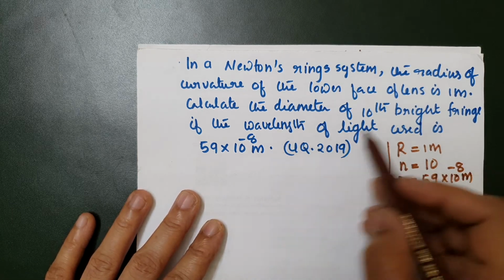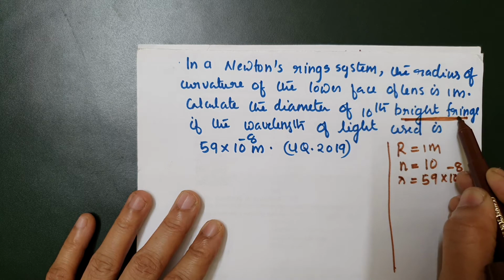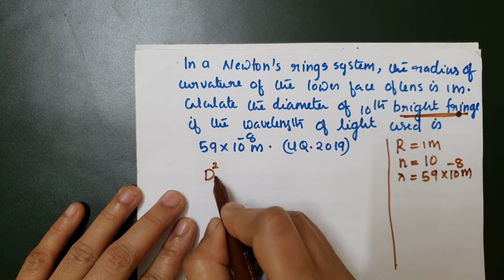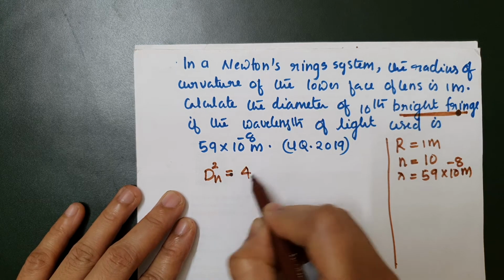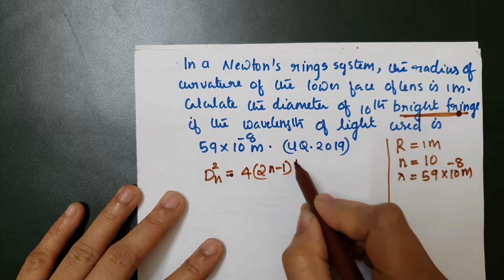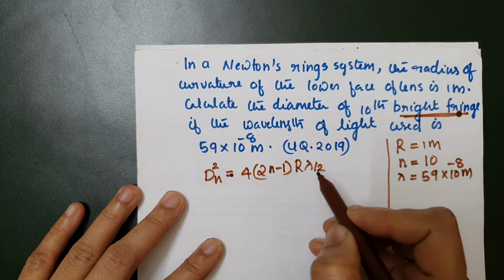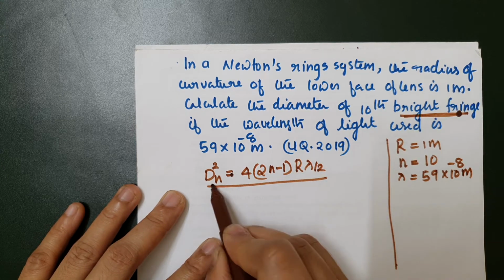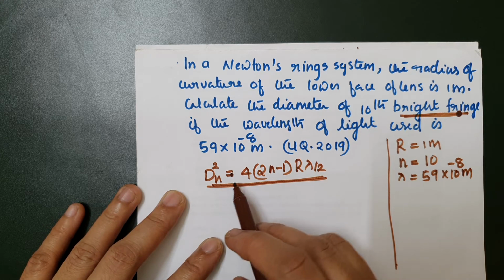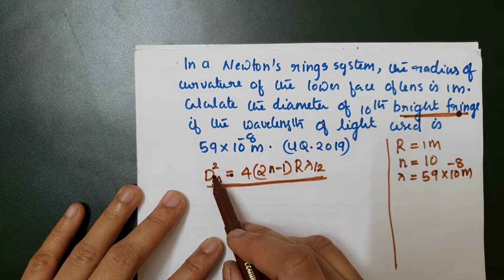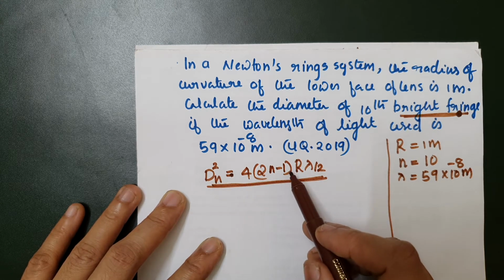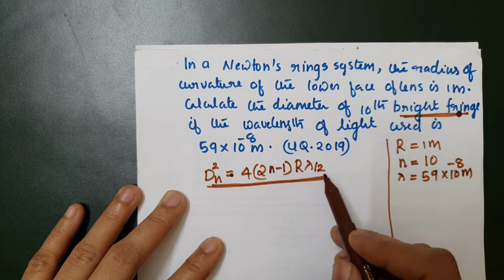But we have the condition for the bright fringe in the case of Newton's ring: for the nth bright fringe, d square n is equal to 4 into 2n minus 1 into r lambda by 2. This is the condition for bright fringe in the case of Newton's ring. For the nth ring, the diameter d n square is equal to 4 into 2n minus 1 into r lambda by 2.